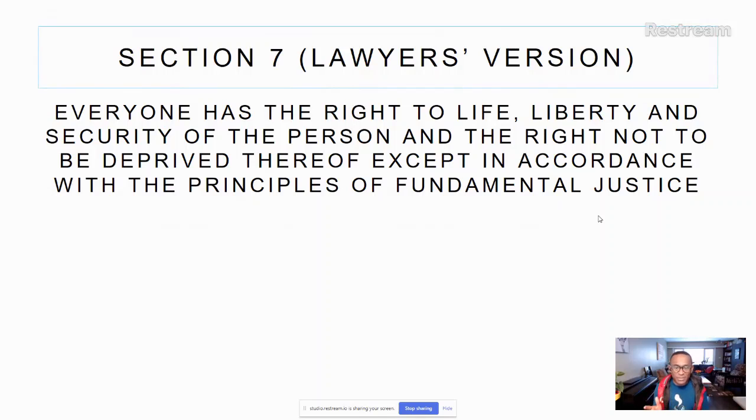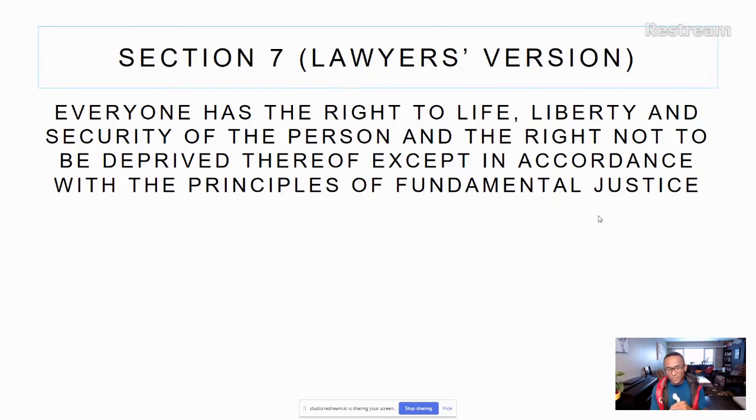That is a different beast for a different day. And if there's enough interest, we might come back and talk about Section 1. But today, we're talking about the section that you've most likely heard that gets thrown out whenever somebody talks about mandatory vaccination. So this is the lawyer's version of Section 7.